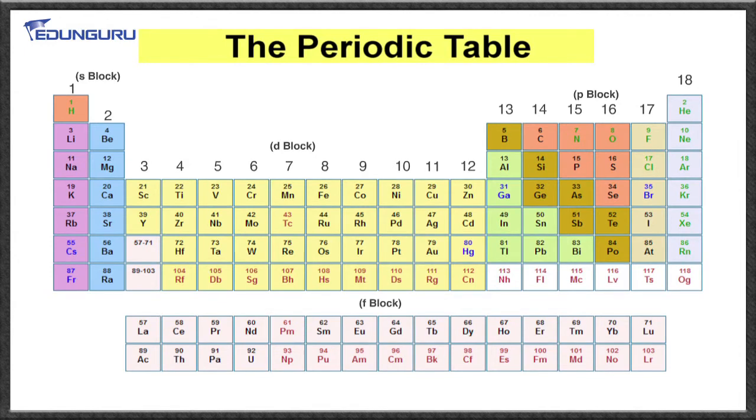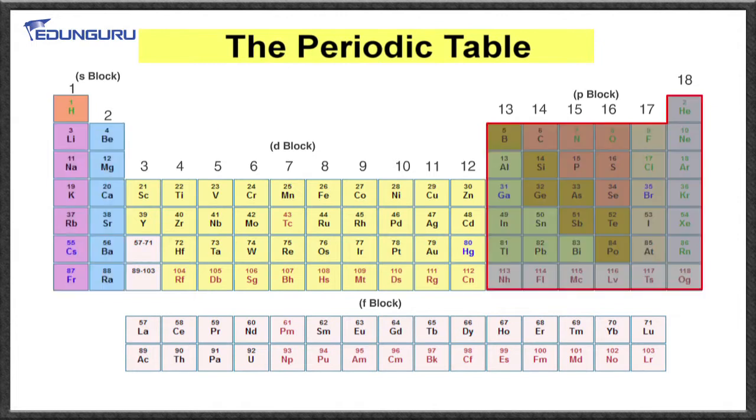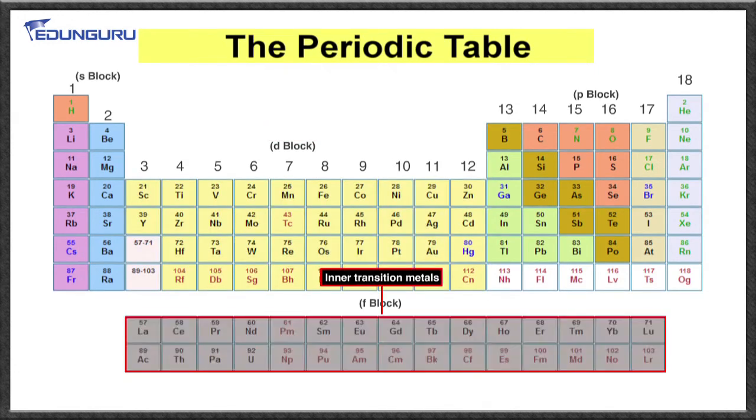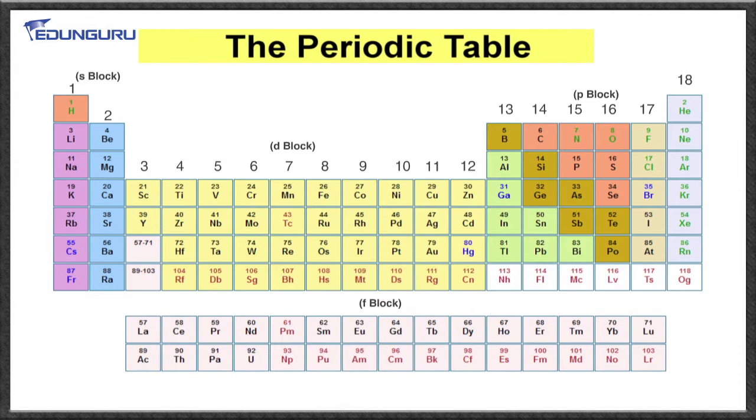S block elements are the active metals, p block elements are mainly the non-metals, d block elements are the transition metals, and f block elements are called inner transition elements or the rare earths. Now, the classification into s block, p block, d block and f block is based on the differentiating electron.